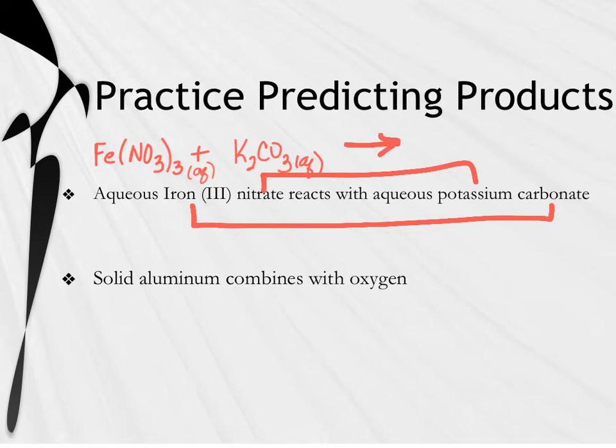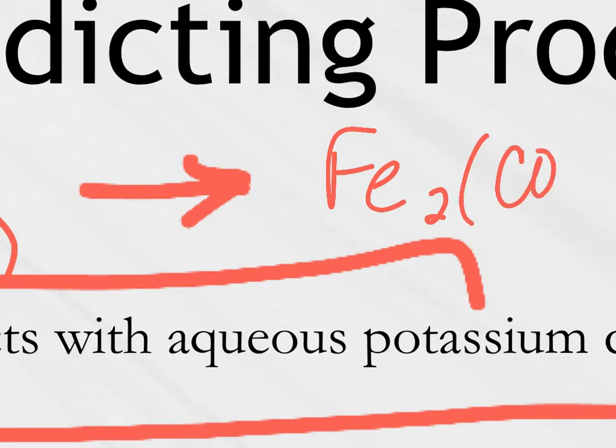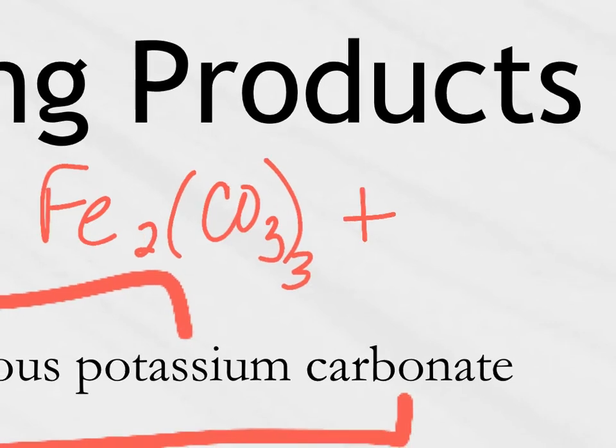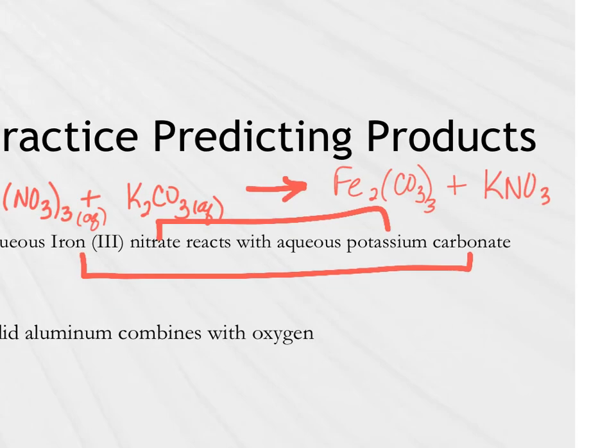So we're going to have iron 3 carbonate, Fe2(CO3)3, plus potassium nitrate, KNO3. Remember, it has to go plus, minus. So you always have to put your positive one first. Okay?